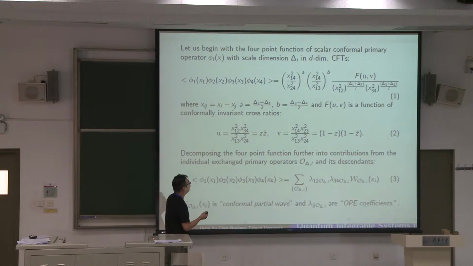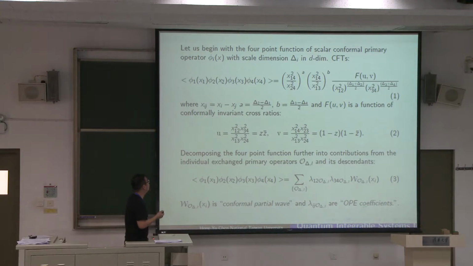Ultimately, we fix the whole thing to a yet-to-be-determined function of the so-called conformal cross ratios, usually written in terms of U and V. But here, I am also going to introduce a set of complex variables Z and Z bar, which are complex conjugates, and which will be more convenient to use in later discussion.